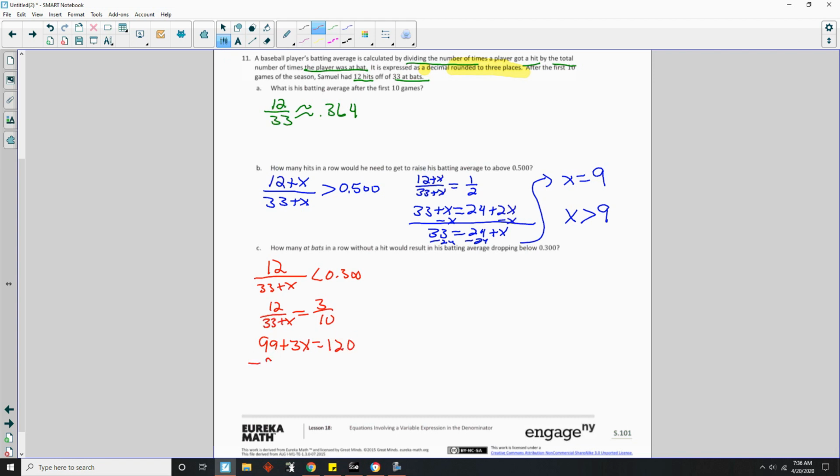Now subtract 99. My apologies for this error, but we got it. Now I get 21, but I need to divide by 3, and that would give me x equals 7. So the answer is x is greater than 7 at-bats. So if he went to bat 8 more times without a hit, his average would drop below 300.